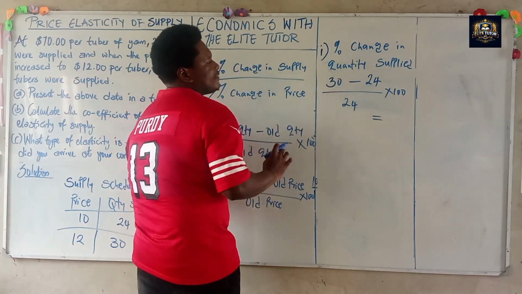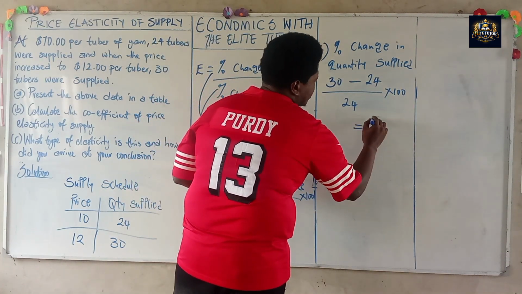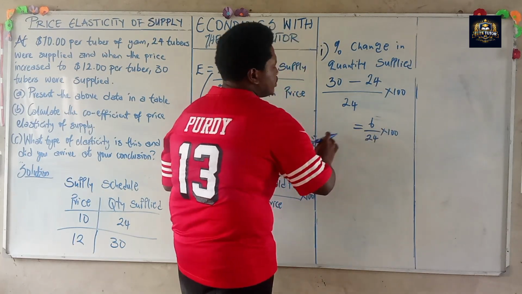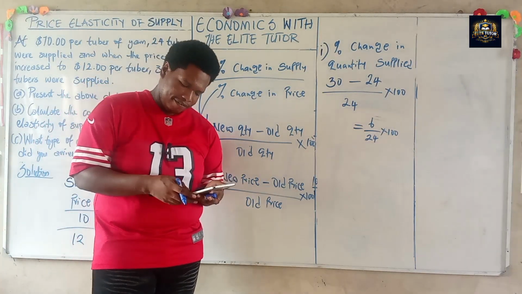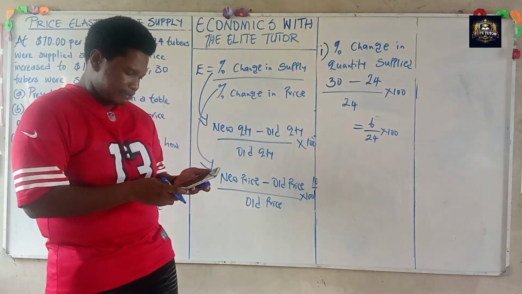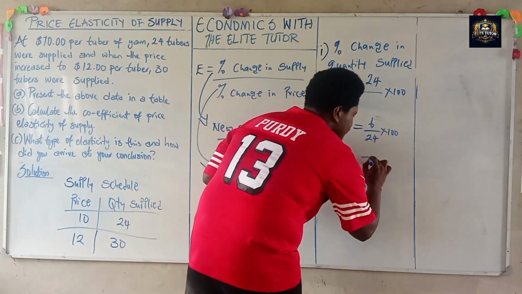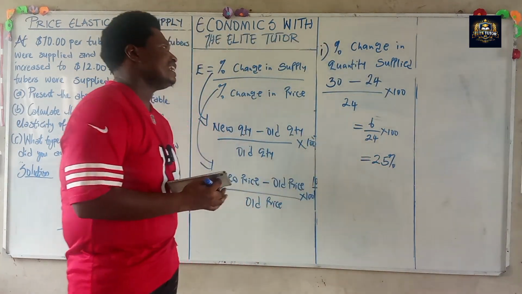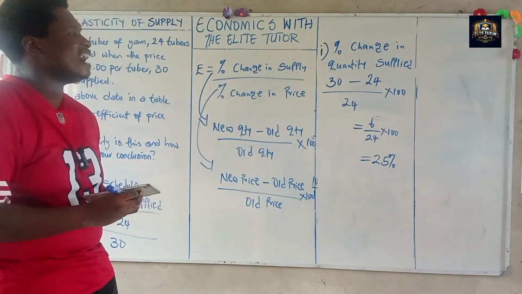Now 30 minus 24 gives us 6. This gives us 6 over 24 multiplied by 100. Now let's confirm from our calculator. We have 6 divided by 24 times 100. That gives us 25%. That means our percentage change in quantity supplied is 25%.